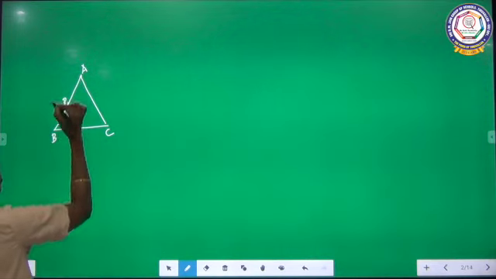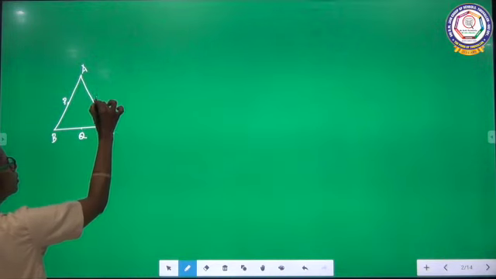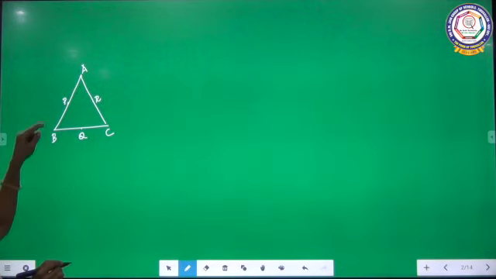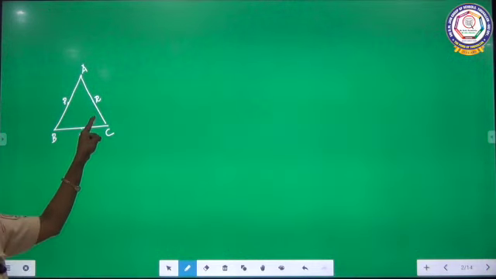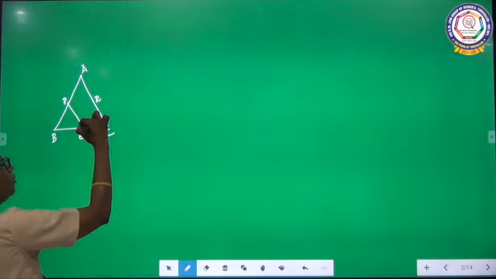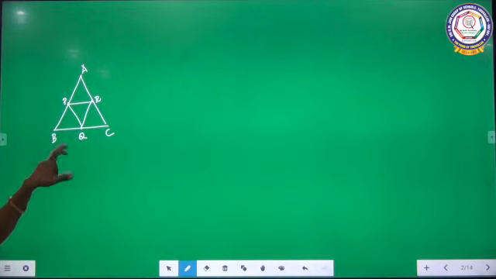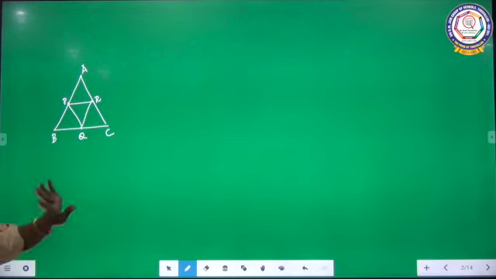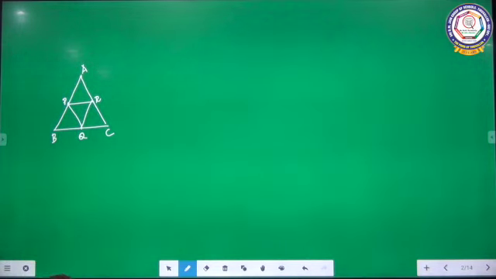So this is P, this is Q, this is R. They said P is the midpoint of AB, Q is the midpoint of BC, R is the midpoint of AC. Now I am going to connect the midpoints. See here, I will get a triangle. The areas are equal, 4 times. The area of the bigger triangle equals 4 times the area of the smaller triangle, that is PQR.